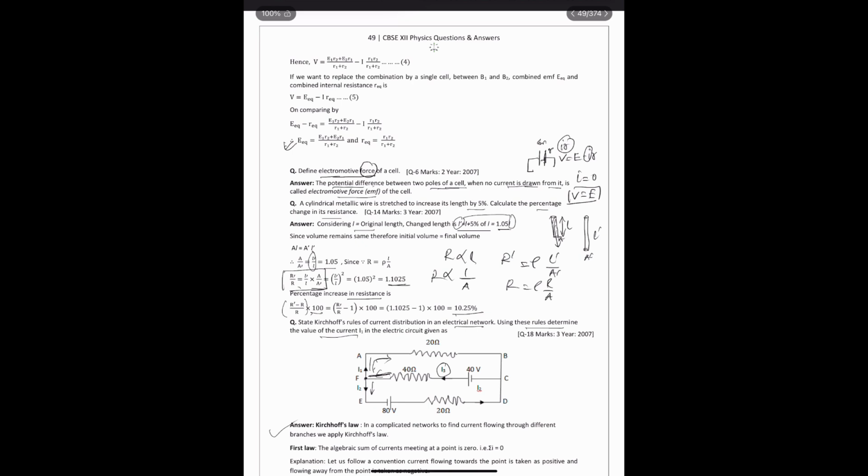Now let us analyze this circuit. In this circuit, EMF is connected, driving current in the positive direction, in this direction.